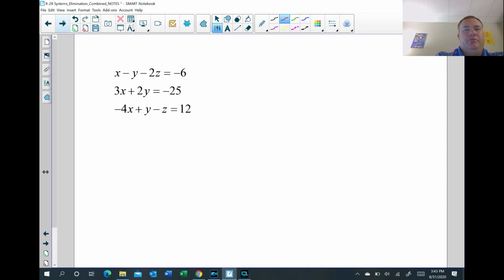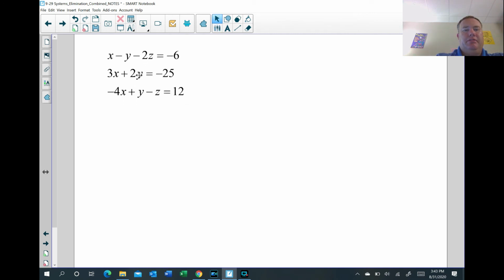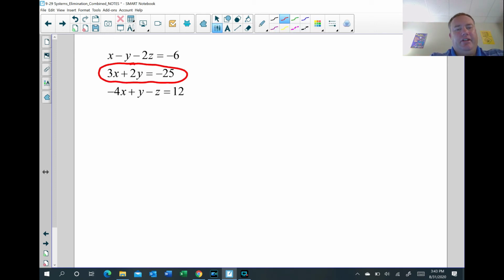When you look at this one, the big idea is that it's going to be very similar to the one we just did. But here's a big point I want to make sure you guys remember. This one is already missing a variable. That means you basically already have one that has 2 variables in it, so you basically have half of it done already.